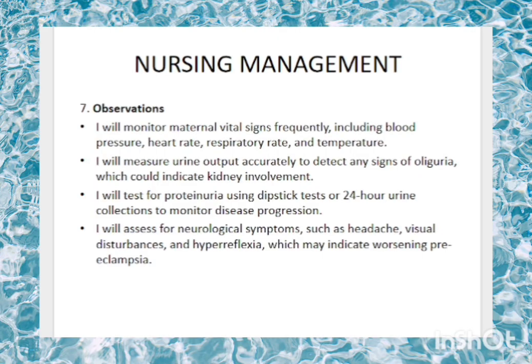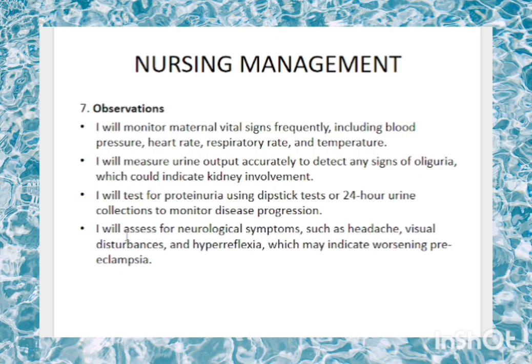I will measure urine output accurately to detect any signs of oliguria, which is little or no urine. So oliguria means little or no urine, which could indicate kidney problems, kidney involvement, or kidney malfunctioning.